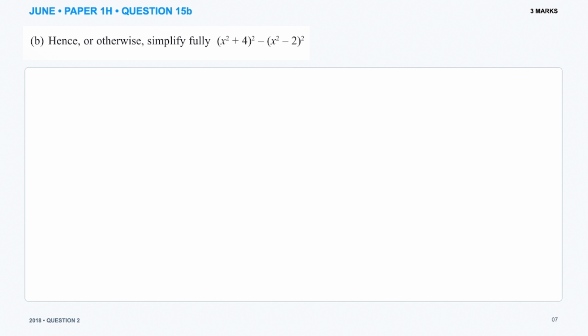For part B, we'll have to hence or otherwise simplify fully this equation. So what we're going to do is we're going to use the equation we've stated earlier. A squared minus b squared equals a plus b multiplied by a minus b. Now let's input a and b. Let's substitute a and b in.